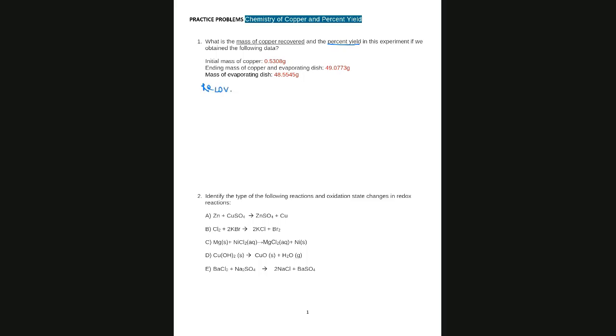Recovered copper is very simple, right? It's going to be 49.0773 grams, which is the mass of copper and evaporating dish. But we are interested in only the copper.